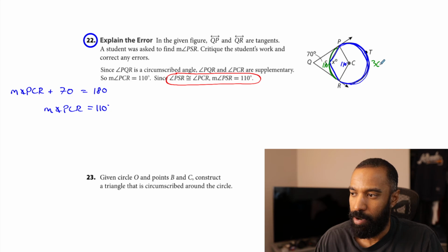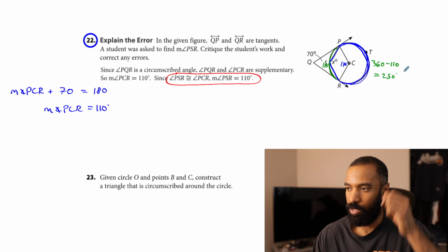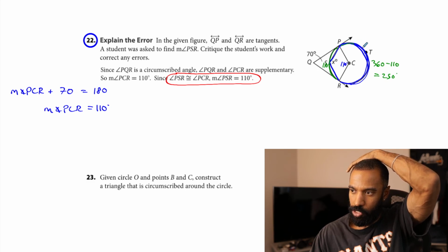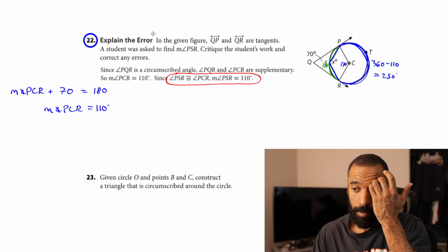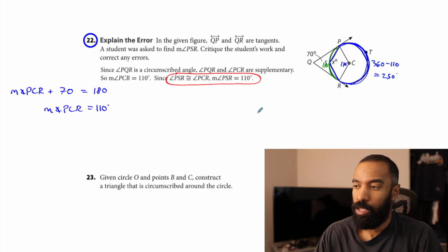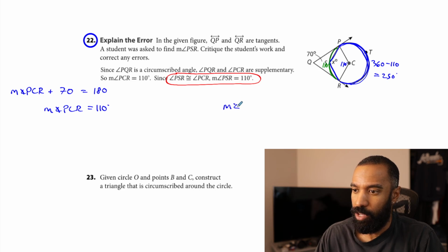And 360 minus 110 would give you this 250 right here. So this whole thing here is 250 degrees, which I should probably be writing in blue. Now the inscribed angle is half that measure. So the measure of angle PSR is half of 250, which is 125 degrees.